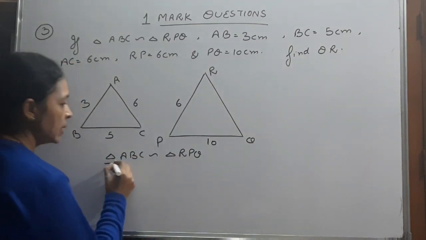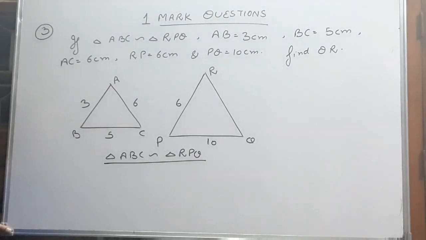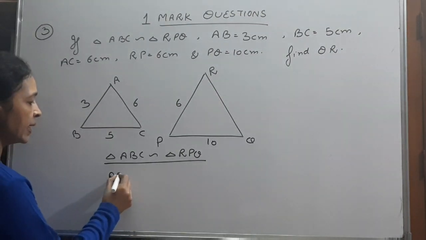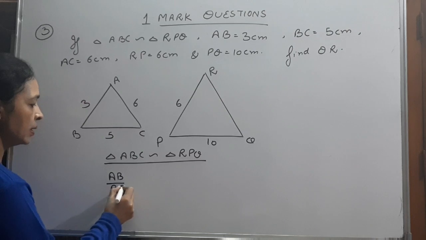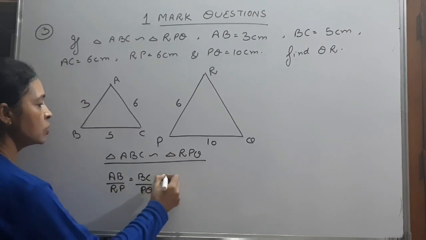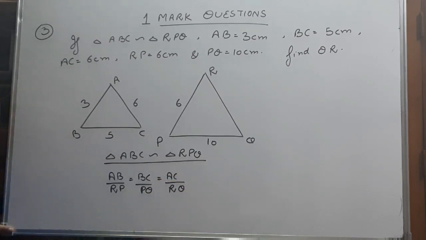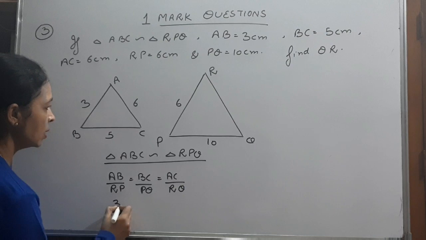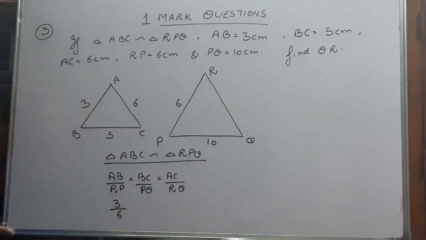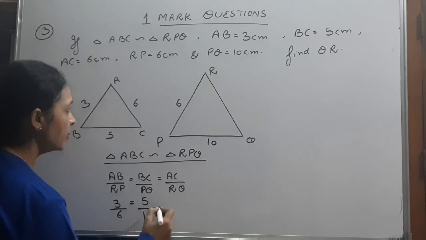Now bache, since these two triangles are similar, their sides will be proportionate. That is AB by RP equals BC by PQ equals AC by RQ. What is AB? 3. RP is 6. BC is 5. PQ is 10.